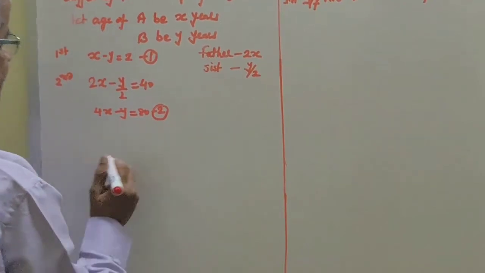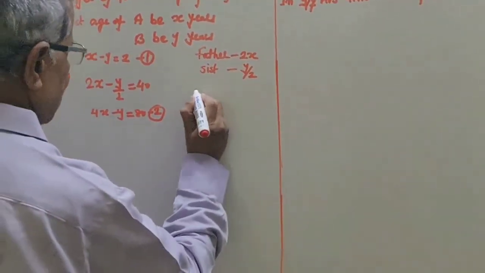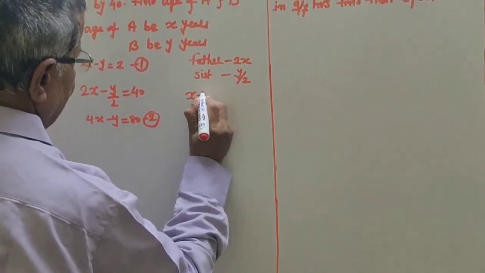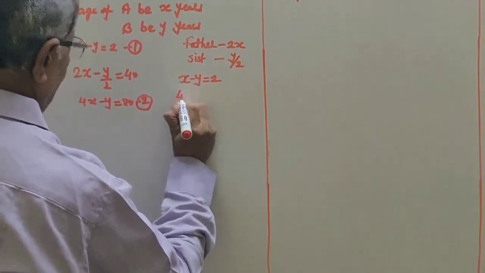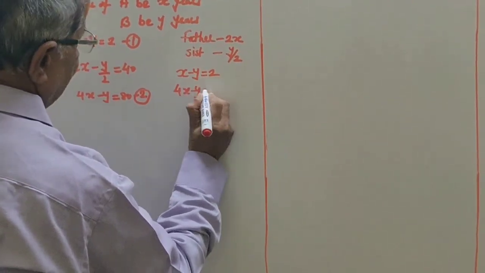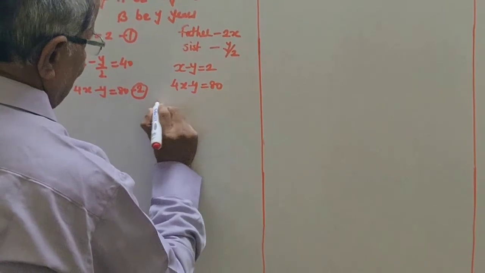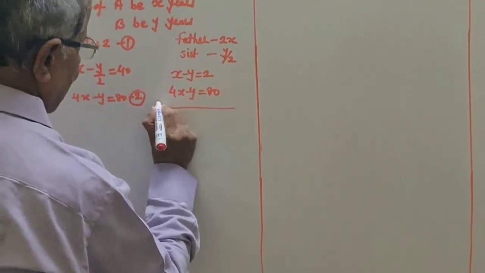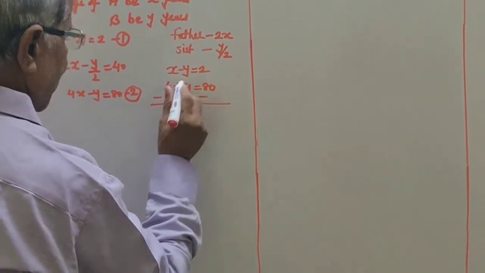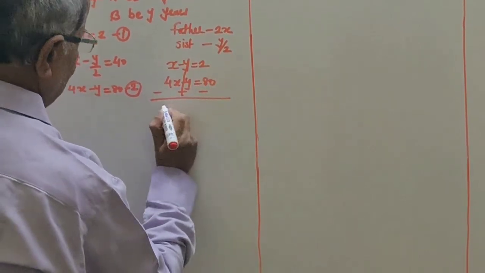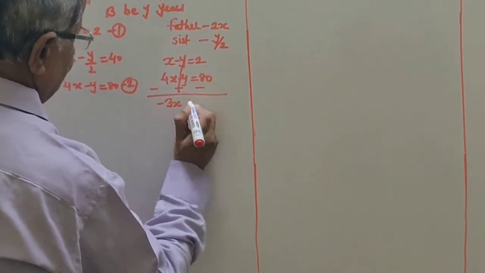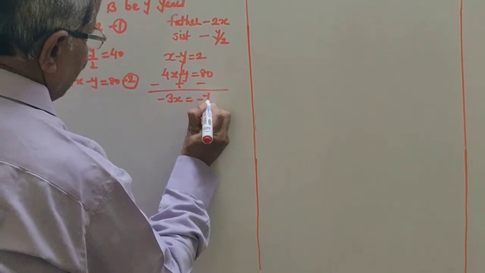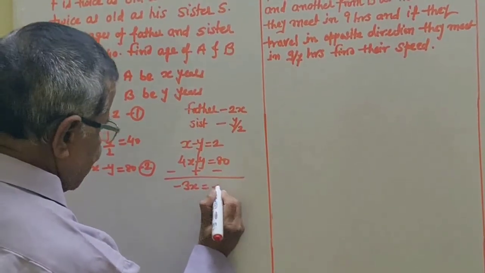Now we can solve these equations by the elimination method. 4x minus y is equal to 80. The sign of both y is the same, therefore I will change the sign here. Now what will come here? Minus 3x is equal to minus 78, since 80 minus 2 is 78.